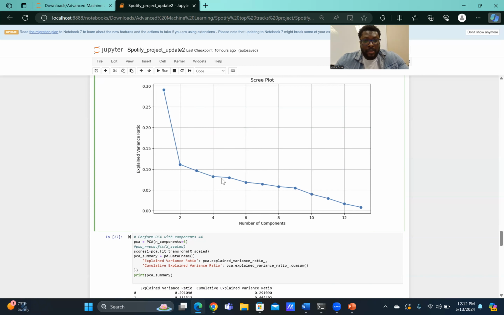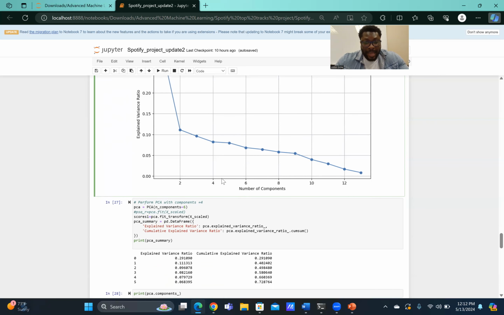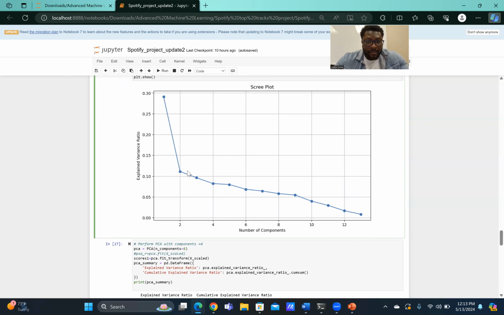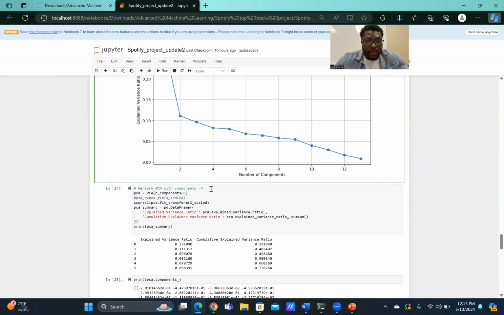So it's a point where the cumulative explained variance ratio is the highest. Here I pick 6, because when I picked 4, let's see what happens when we pick 4.